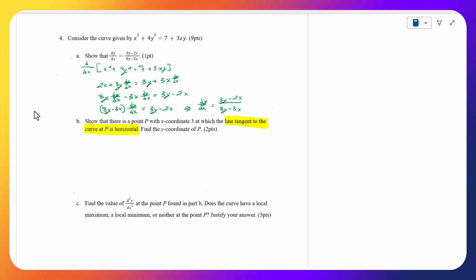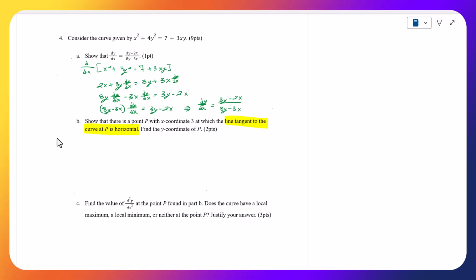There were 2 points on this question. The first one is, it's actually kind of backwards. The first thing that I expected you to do is find the y coordinate and then do this part up here.